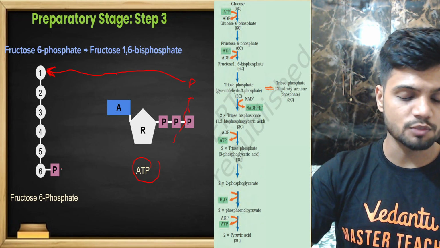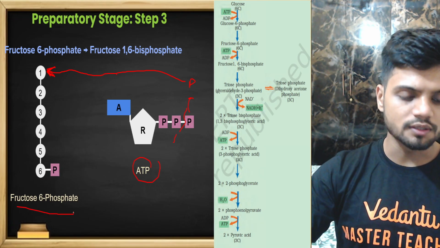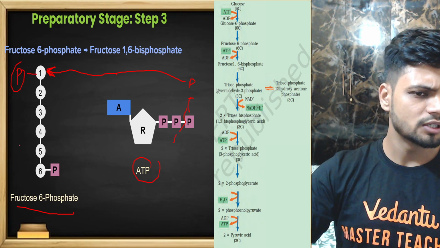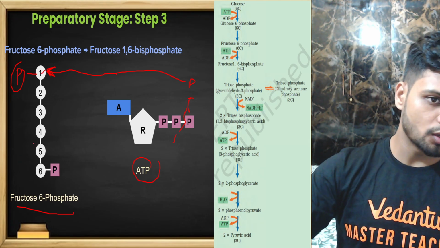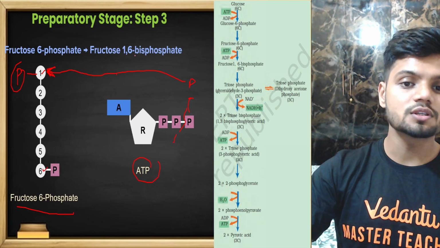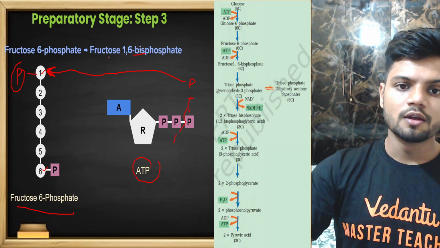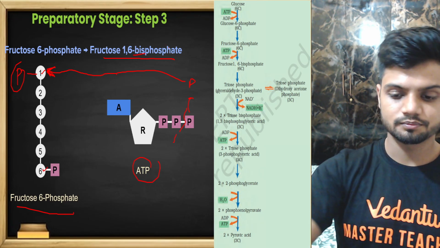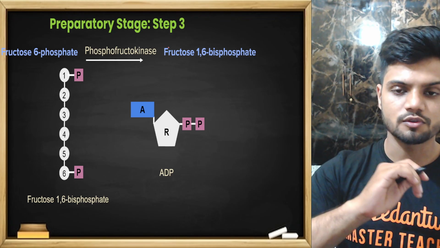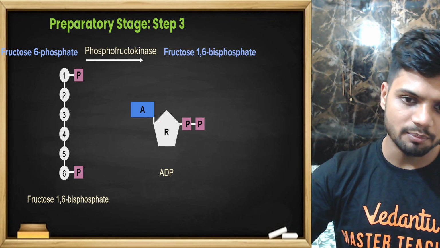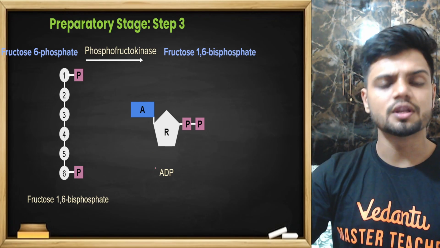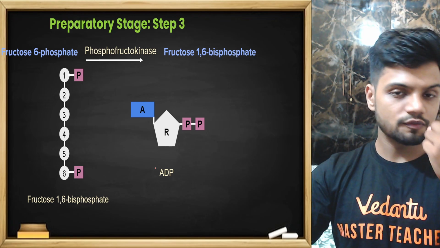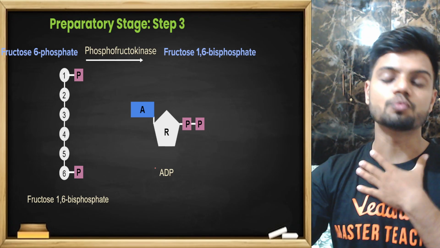If I add one more phosphate here, now can I call it fructose 1,6 bisphosphate? Yes or no? Third step, done. Again, ATP is consumed here. So if I ask in which step ATP is being consumed, your answer should be first step and third step.